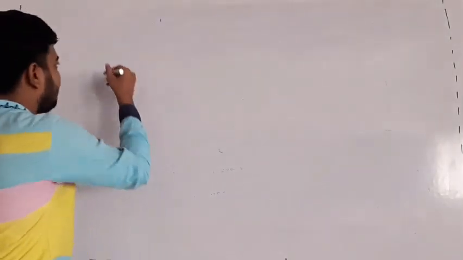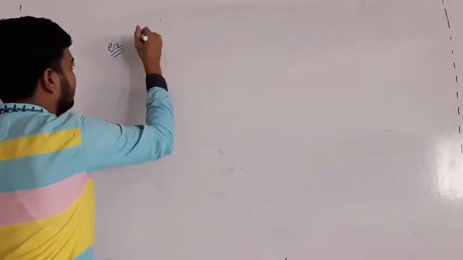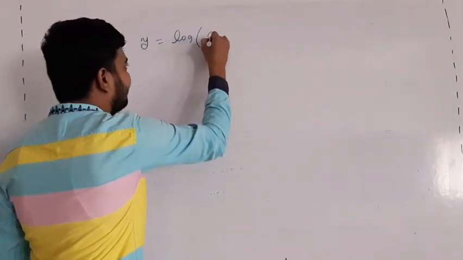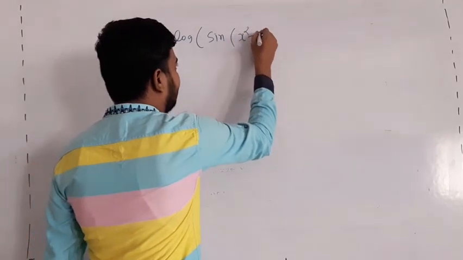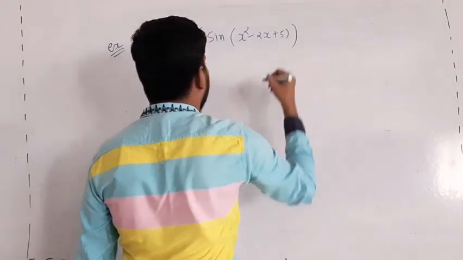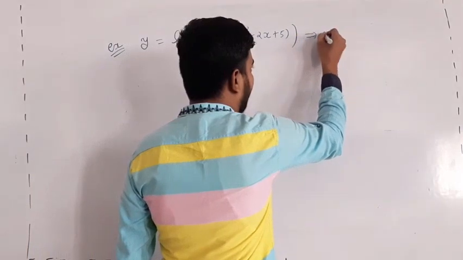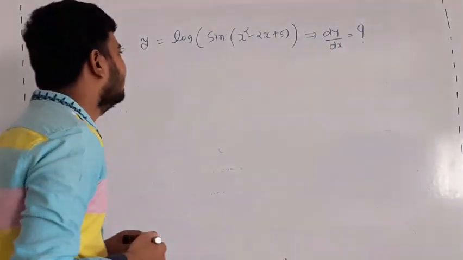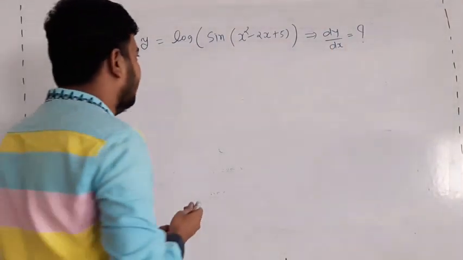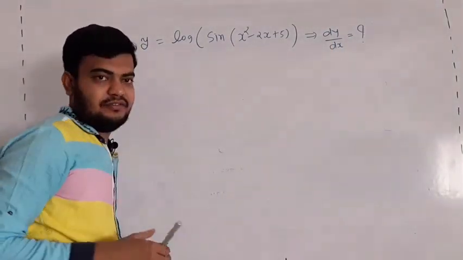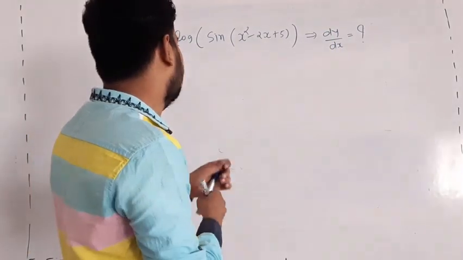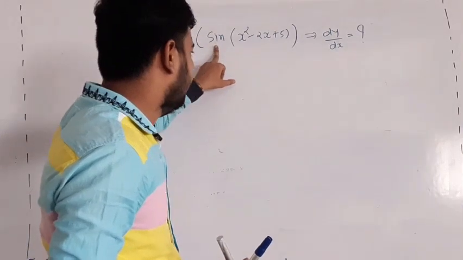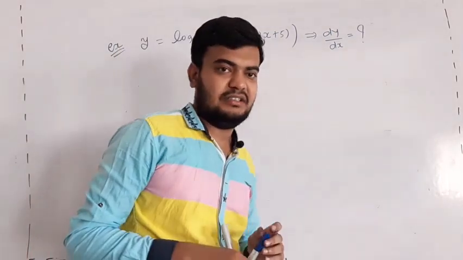So the next example is y is equal to log of sine of x square minus 2x plus 5, and we want to find dy by dx. Okay beta, so we know that this function is a composite function because it is the mix of logarithm, trigonometry and quadratic expression.